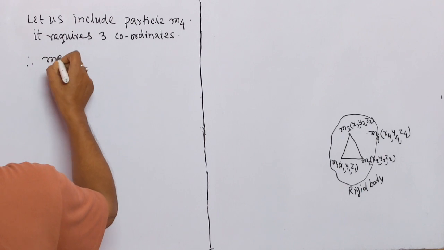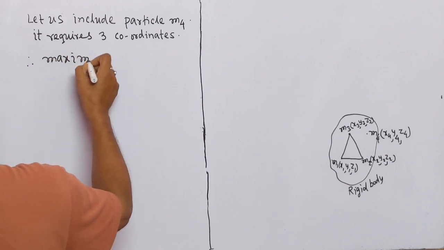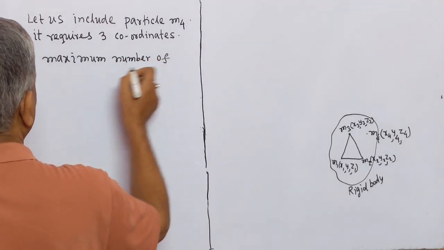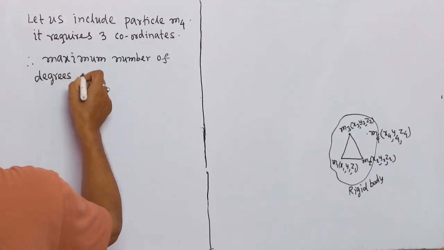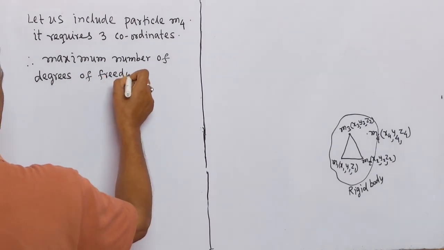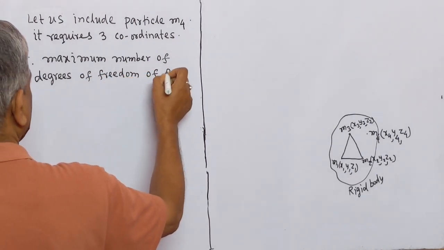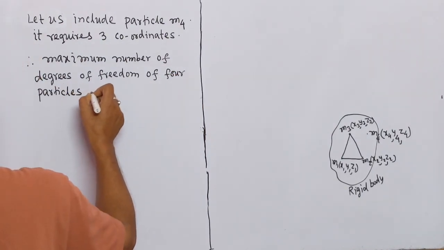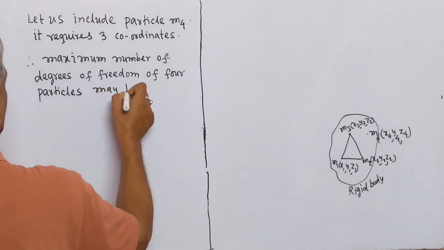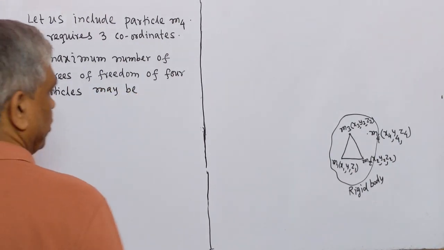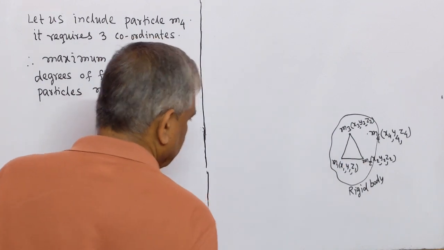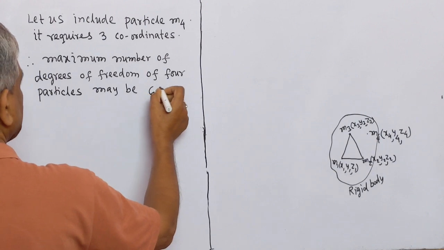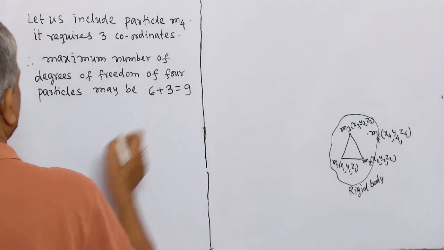Therefore, the maximum number of degrees of freedom of four particles may be, for three particles we have 6 degrees of freedom, and here three coordinates, so 6 plus 3 equal to 9.